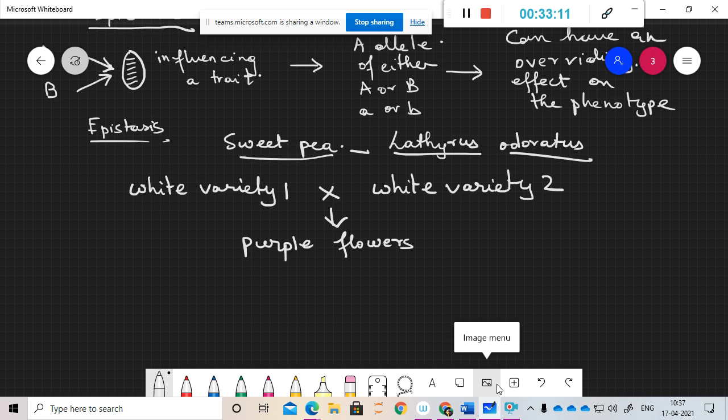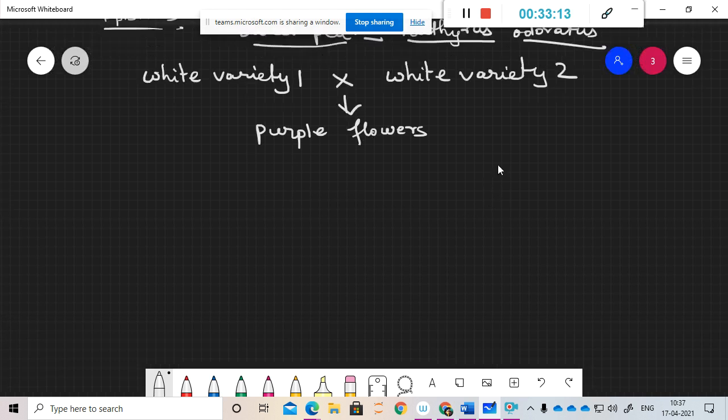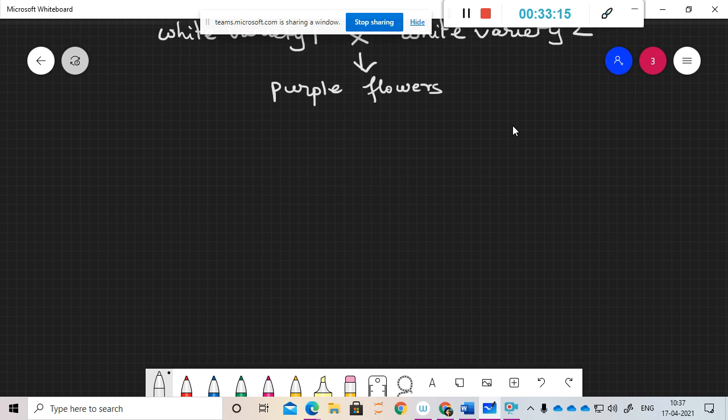This was very strange. So Bateson and Punnett suggested that this color was controlled by two genes. One was C and one was P.